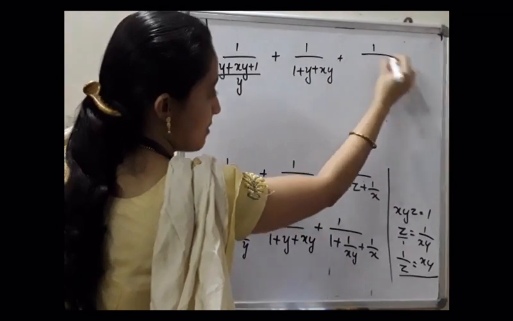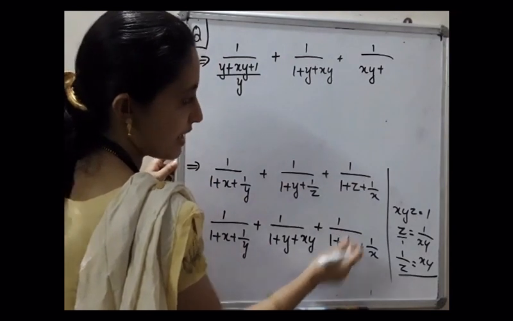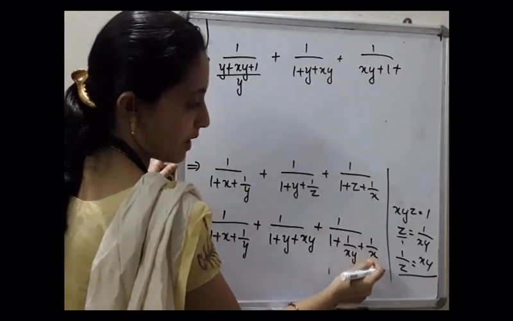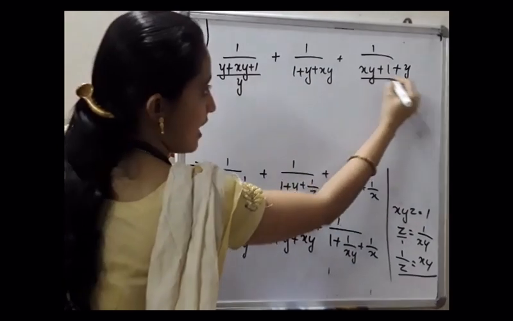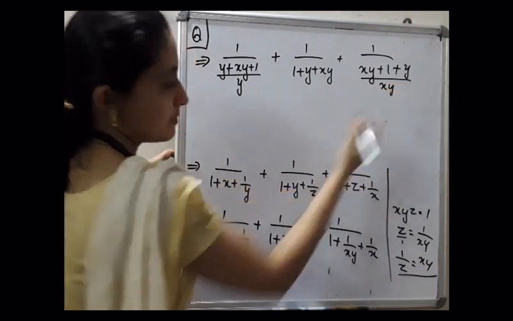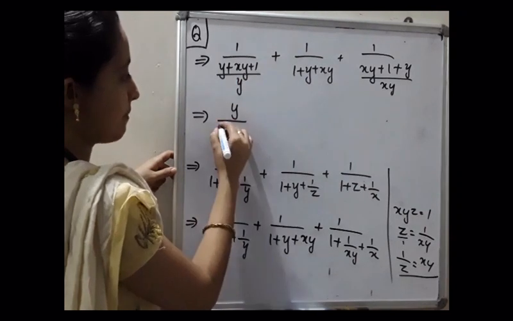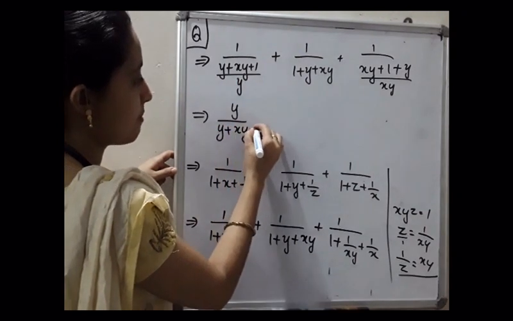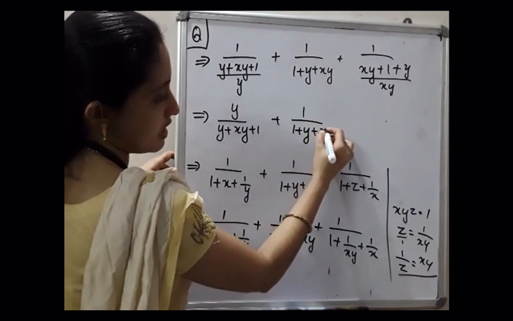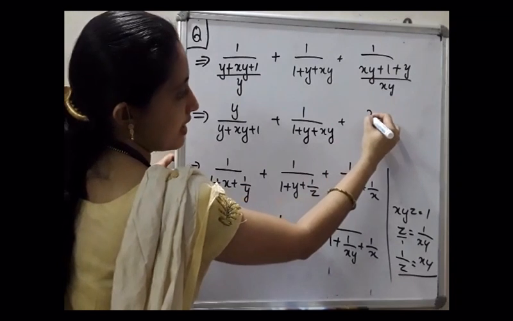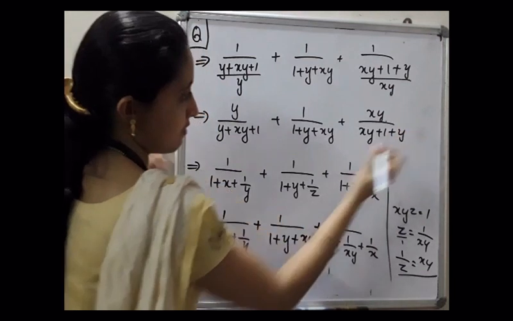So that can be written as 1 by (xy plus xy by xy)... 1 plus xy by x, that is y. Okay, then here divided by what? xy. Clear? So that implies y divided by the reciprocal: y plus xy plus 1, plus 1 by this same as that itself, and here the reciprocal is xy. xy by (xy plus 1 plus y).